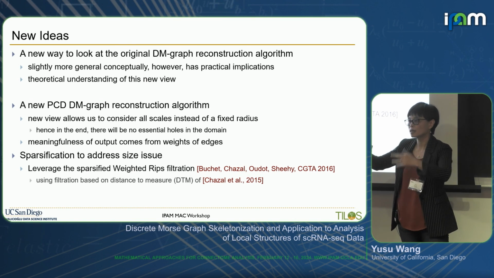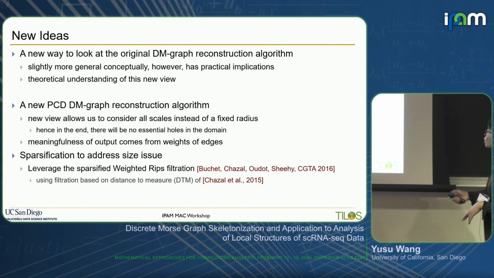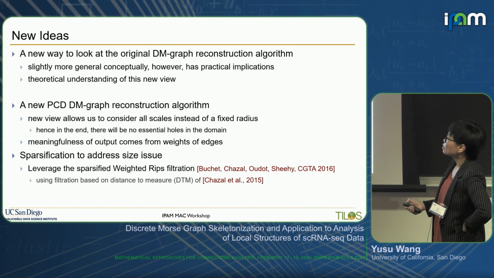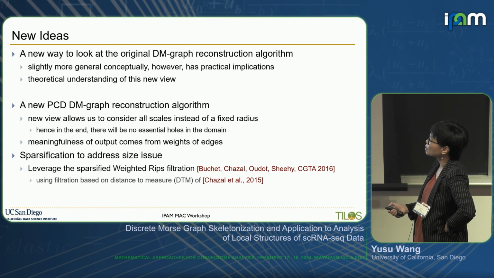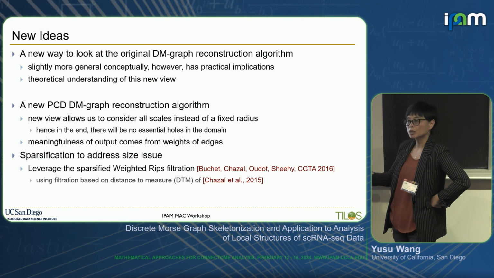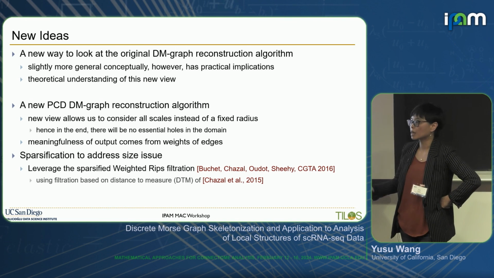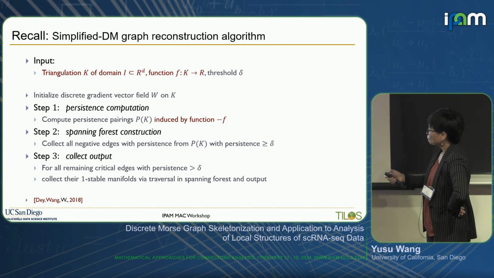So we can use this sparsified weighted Rips filtration with the new algorithm. The size is not too big, but now I can look at all scales, and the theoretical guarantee of this approach indicates that we still get meaningful features in our reconstructed graph. All right, so what's the modification?